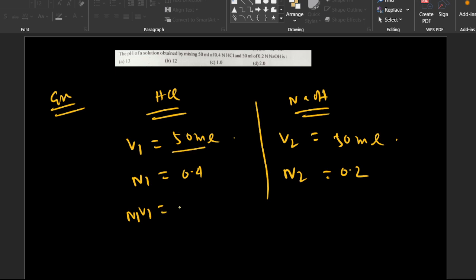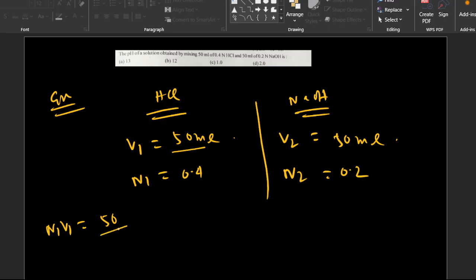This is 50 ml out of 1000 ml, so I can write 50 into 10 raised to minus 3. Why am I taking minus 3?